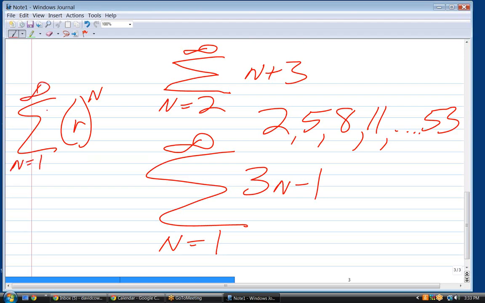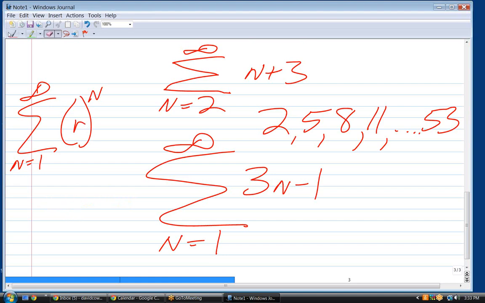In other words, if r is 1/2, then I have 1/2 plus 1/4 plus 1/8 and so forth and so on. But if r is 1, I have 1 plus 1 plus 1 plus 1. That's divergent. The nth term is 1.